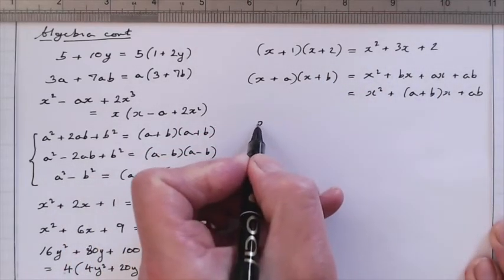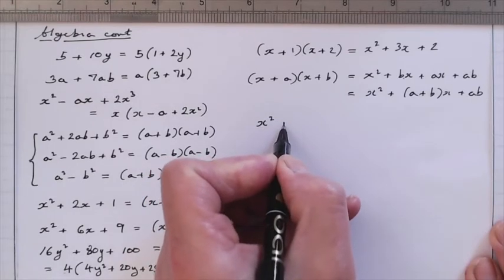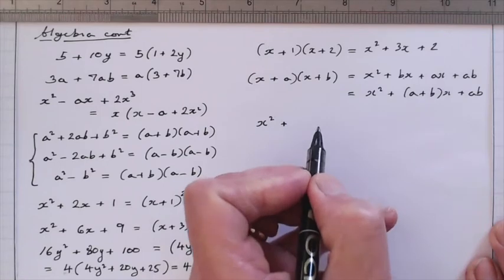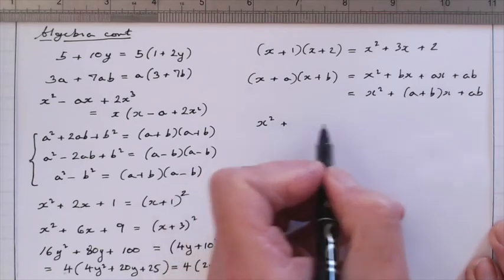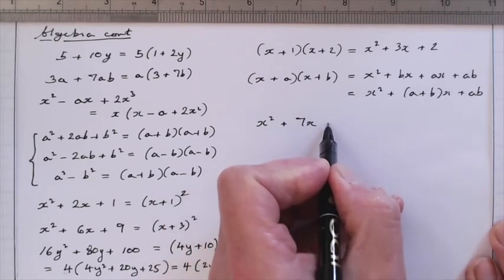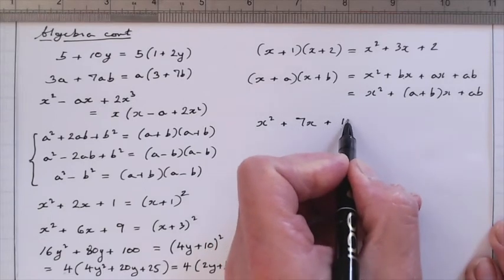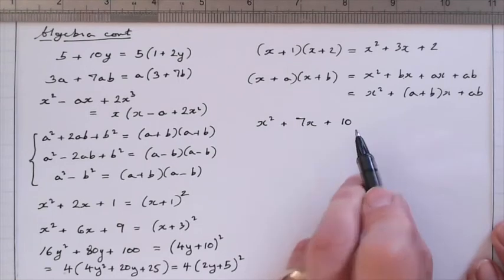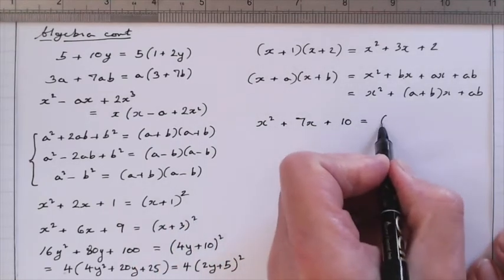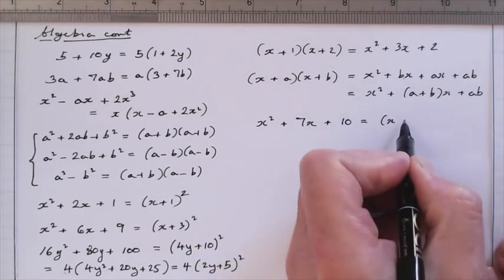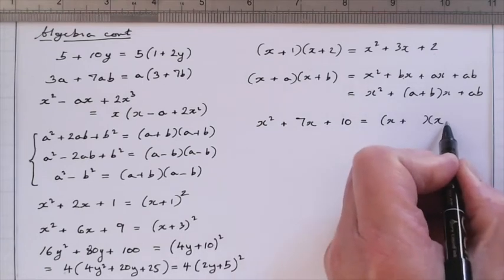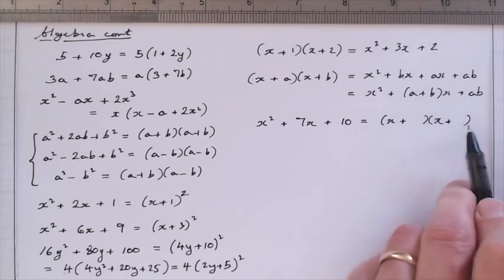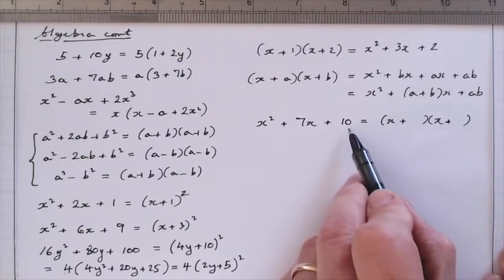So let's imagine we were given x squared plus, let me just make up an example quickly, 7x plus 10, okay? The strategy to go about this is to say, right, this has to be x plus something times x plus something. Now the two numbers appearing here, when multiplied, must give 10.